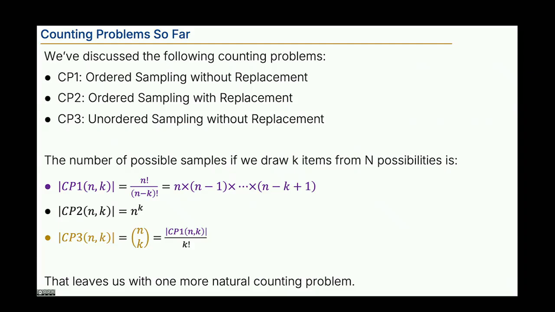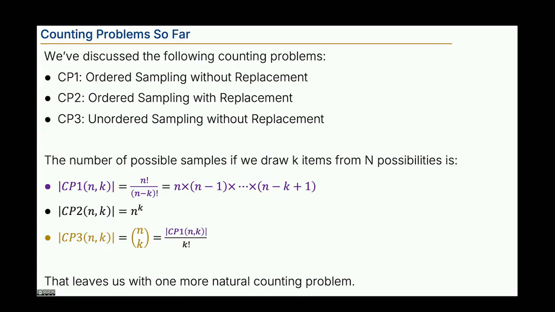So if I summarize my counting problems so far, counting problem 1, which was ordered sampling without replacement, was this formula, n factorial over n minus k factorial. That came from our first rule for counting, which is we're simply saying I started with n choices, then I had n minus 1, and so forth. This was the really simple and straightforward one, where all my choices are independent, so it's just n to the k.